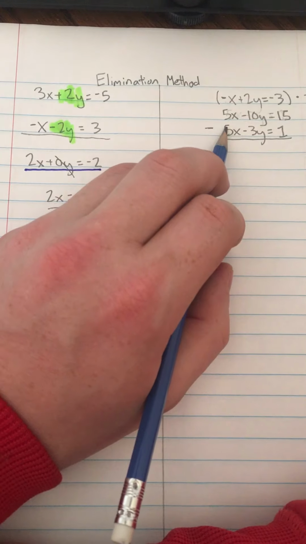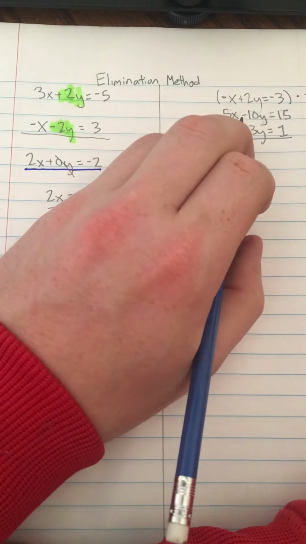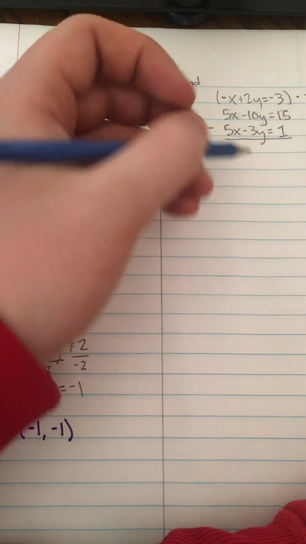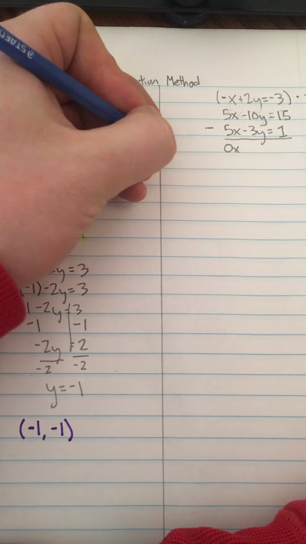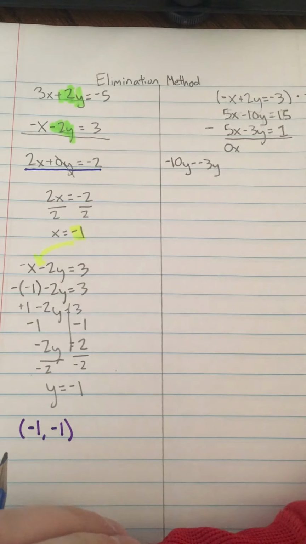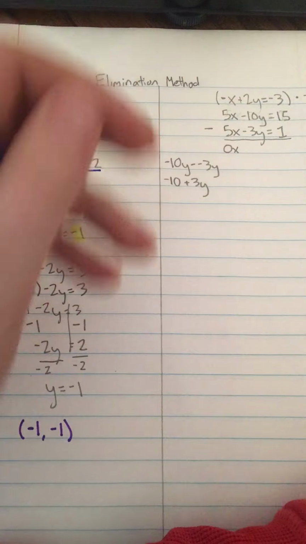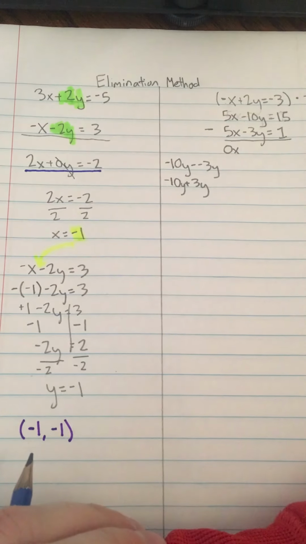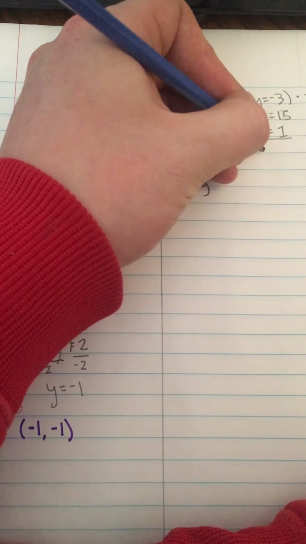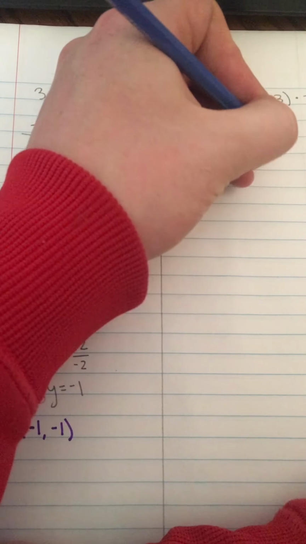So 5x minus 5x is 0x. -10y minus -3y. We've got to be careful there. -10y minus -3y. Well, that's the same thing as -10y plus 3y. And that is -7y. And then we have 15 minus 1, which would be 14.